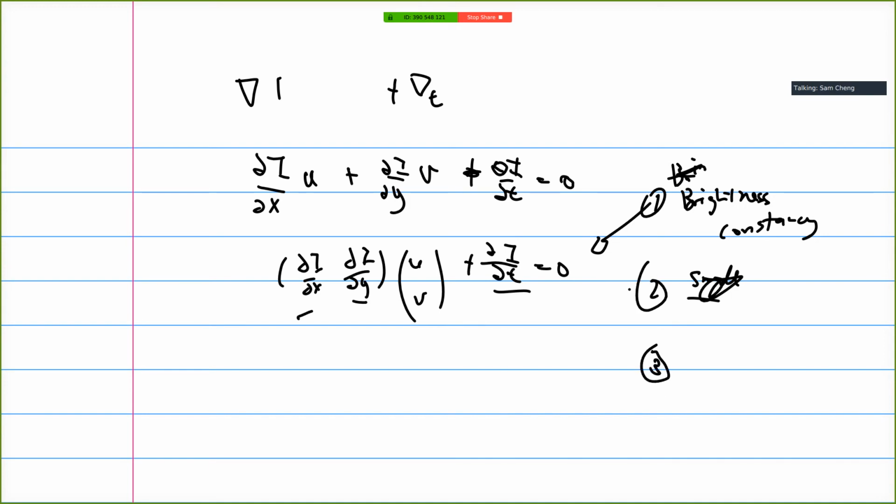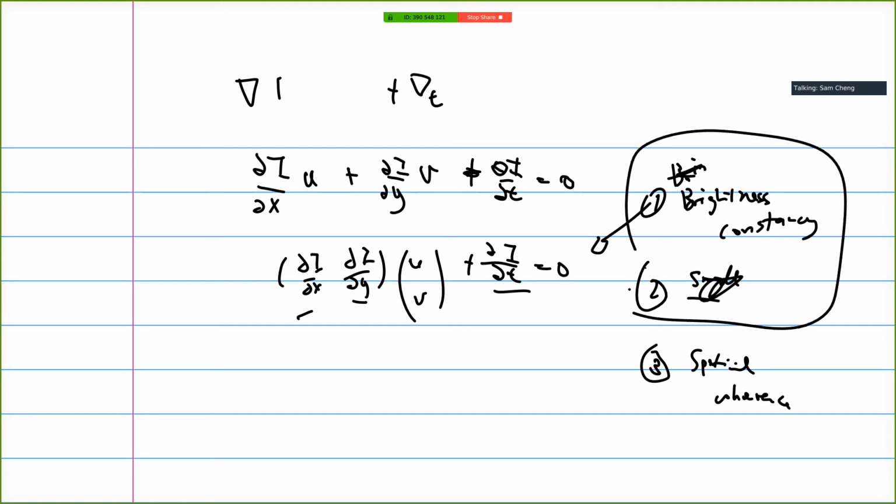The third one is the spatial coherence condition. Thank you, it's good to have someone with a good memory. So we use this to create this equation, but we haven't used the spatial coherence yet. How can we use it?